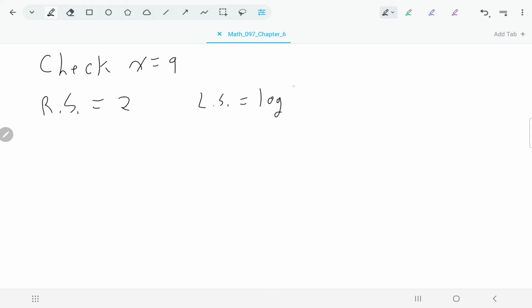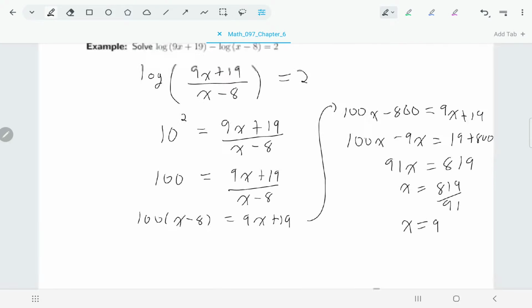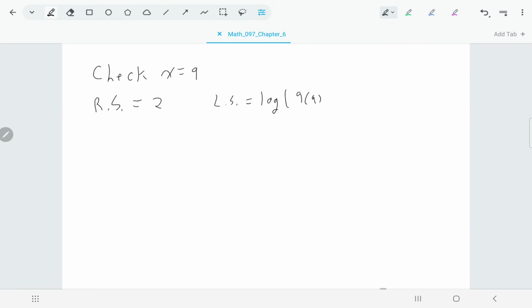We had log of 9x plus 19, 9 times 9 plus 19, minus log of x minus 8, or 9 minus 8. Okay, let's see what we get. We have log of 81 plus 19 minus log of 1. 81 plus 19 is 100.